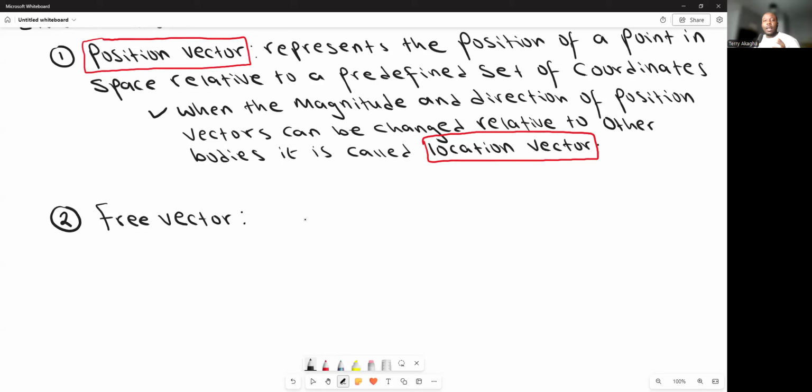Unlike position vectors, where you have a point of predefined sets of coordinates or related to other bodies, this is not restricted in any way. It is completely defined by its magnitude and direction and can be drawn by any one of a set of equal length parallel lines. So there is no restriction here.